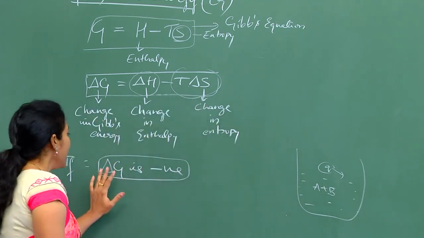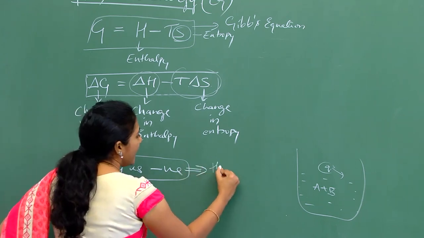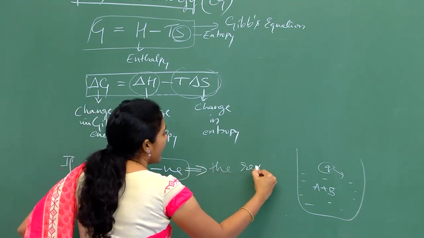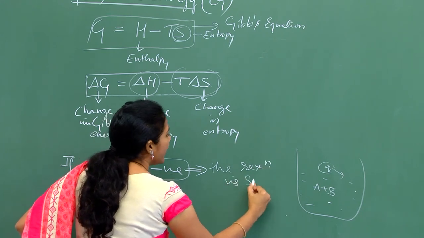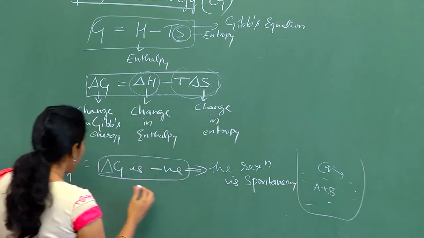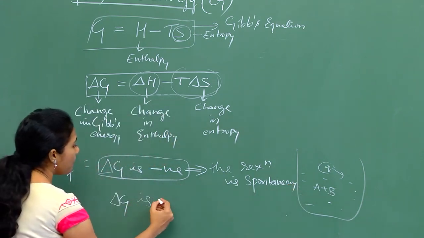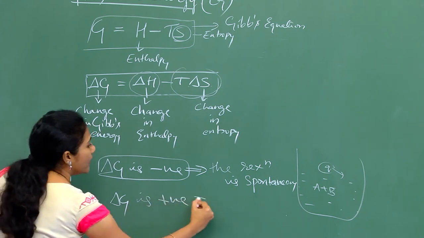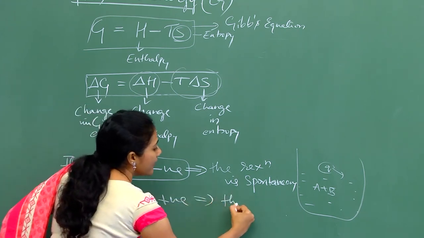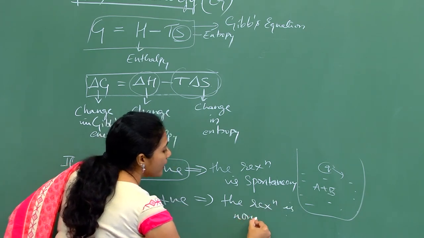So that is why if delta G is negative, we can say that the reaction is spontaneous. This is a very important condition that you have to remember. If delta G is positive, then we say the reaction is non-spontaneous.